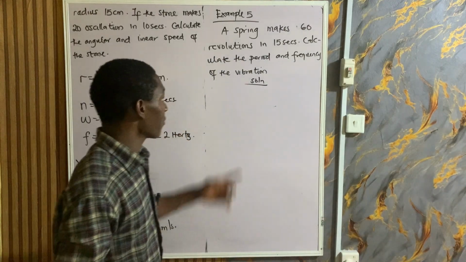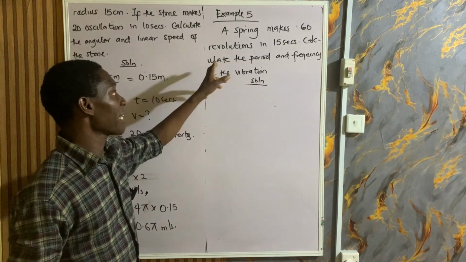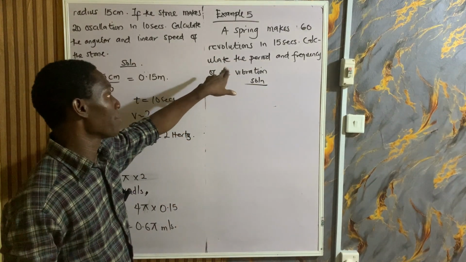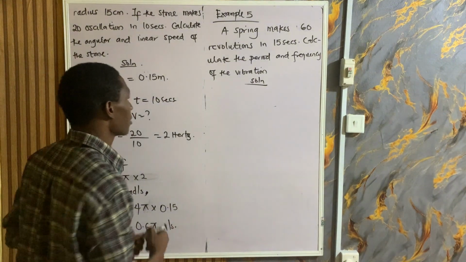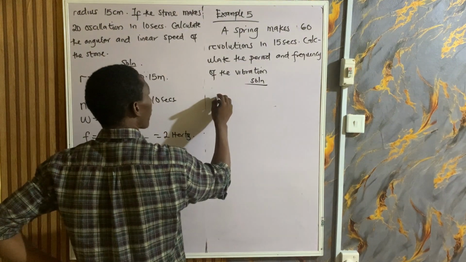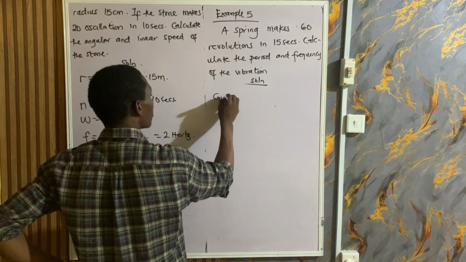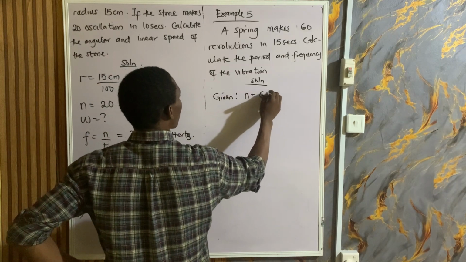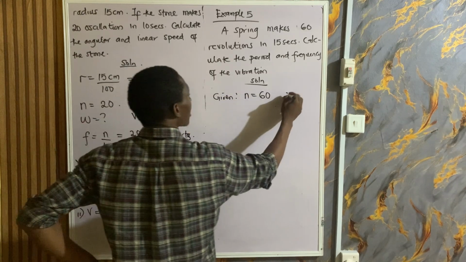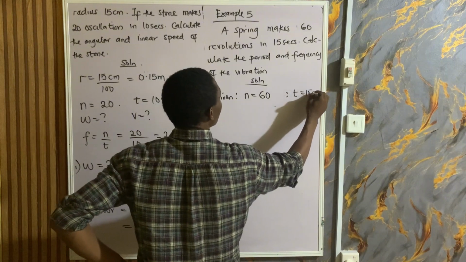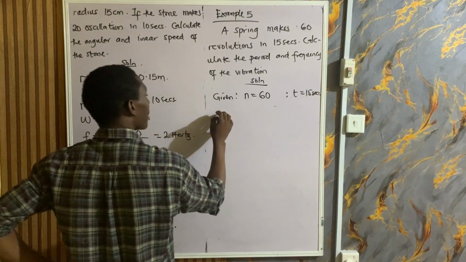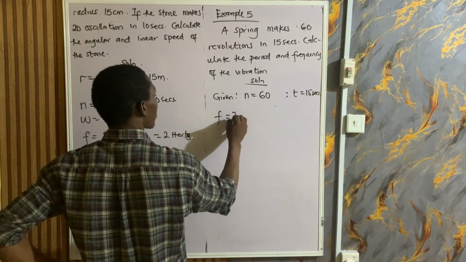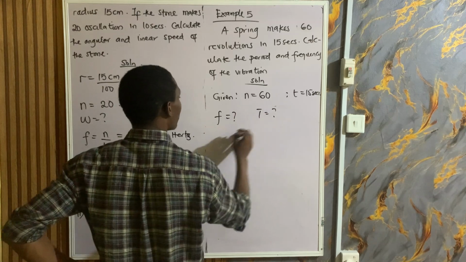Example 5. A spring makes 60 revolutions in 15 seconds. Calculate the period and frequency of the vibration. So here we have the given now. We have number of oscillations, 60 revolutions, and then the time, 15 seconds. So we can tell our frequency, which is the required, and period as well.